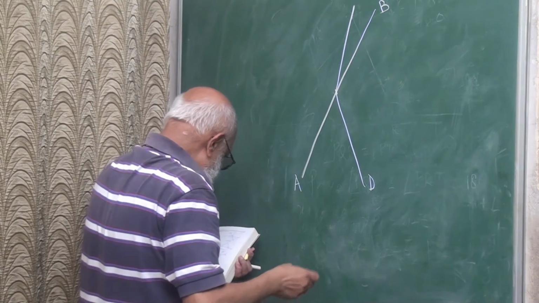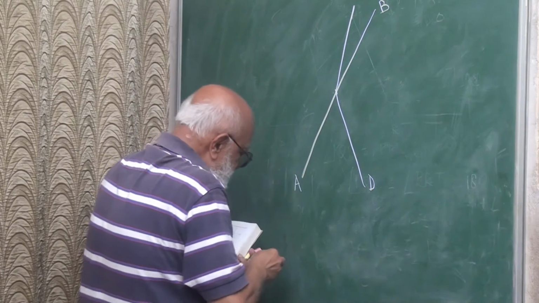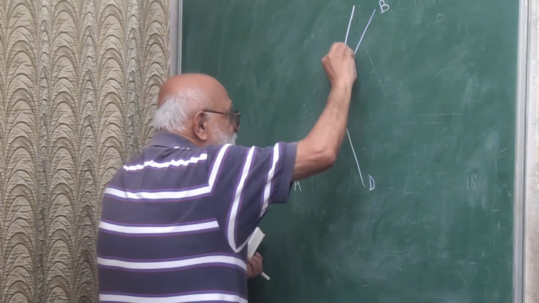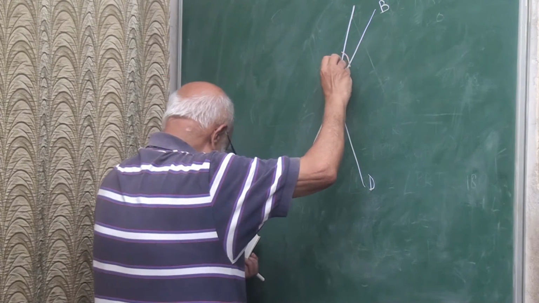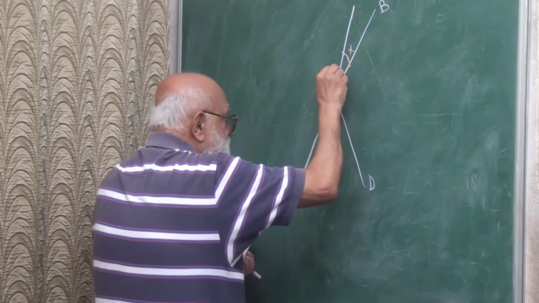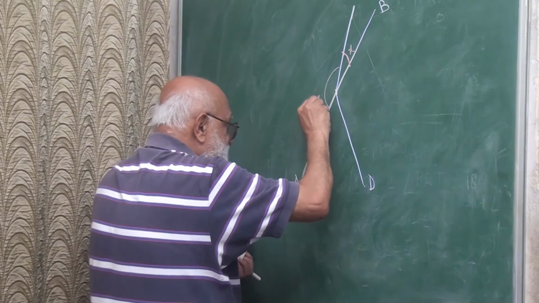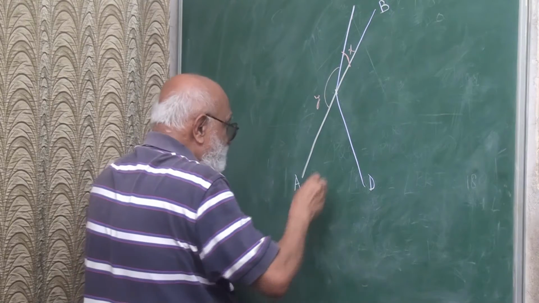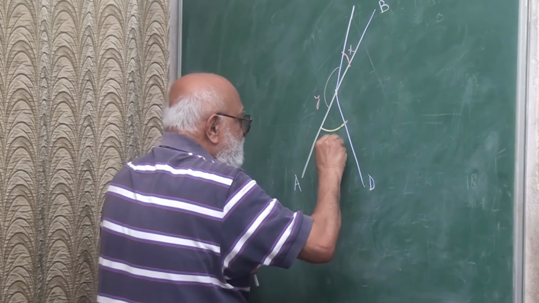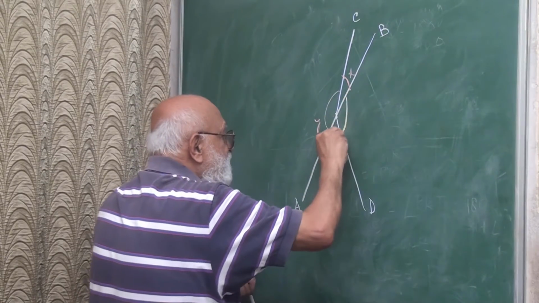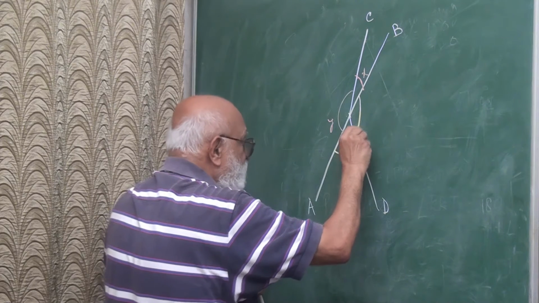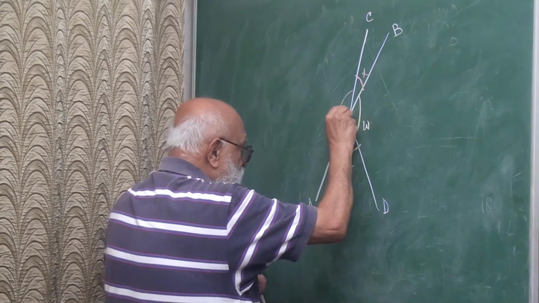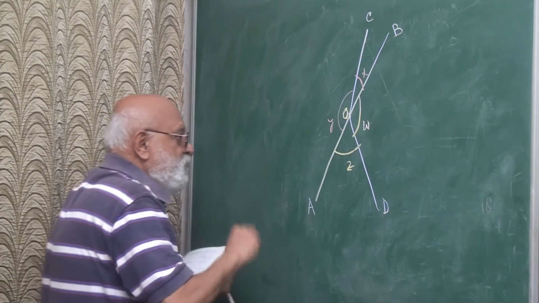And the angles are given. Let us say the angles are like that. This angle is X. This angle is Y. Now, to give some color, this angle is Z and this angle is W. And they intersect at O. So this is the total construction.